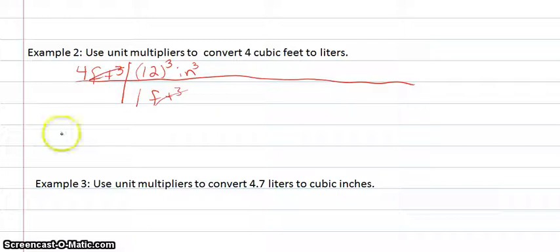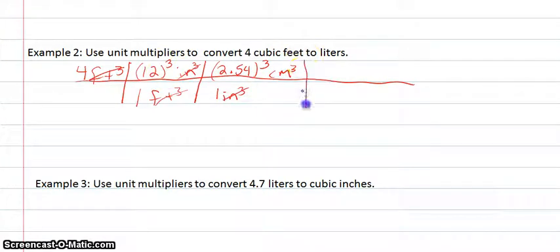Since it's cubic, or in the volume, we need to make sure that we cube our numbers. Don't forget, it will drastically change your answer if you do not cube those. Then from cubic inches, we need to go to cubic centimeters. So in 1 inch cubed, there would be 2.54 cubed centimeters cubed.